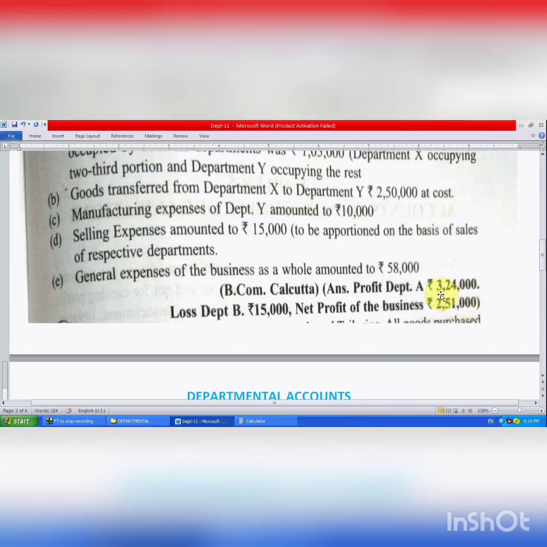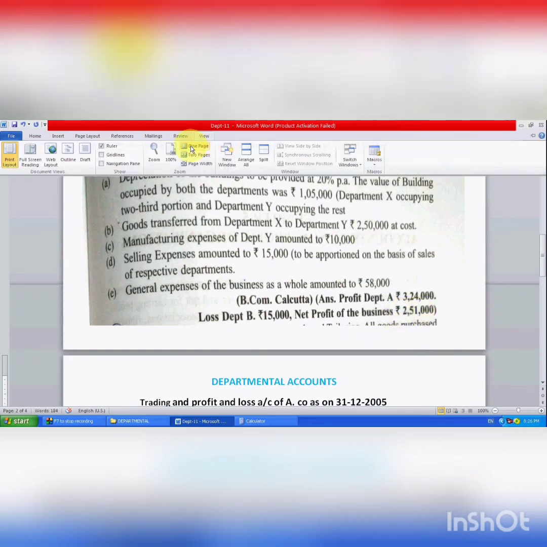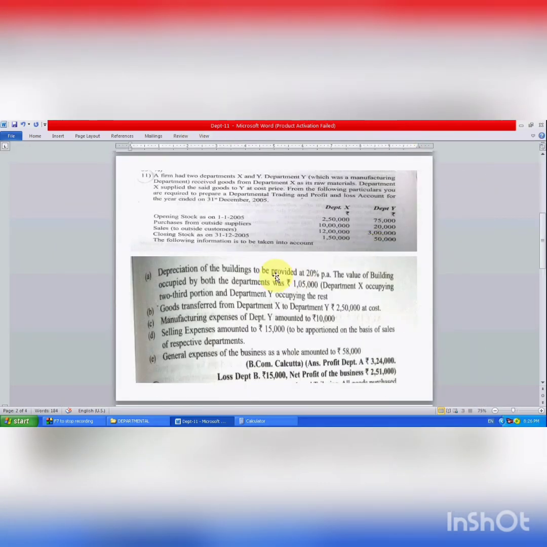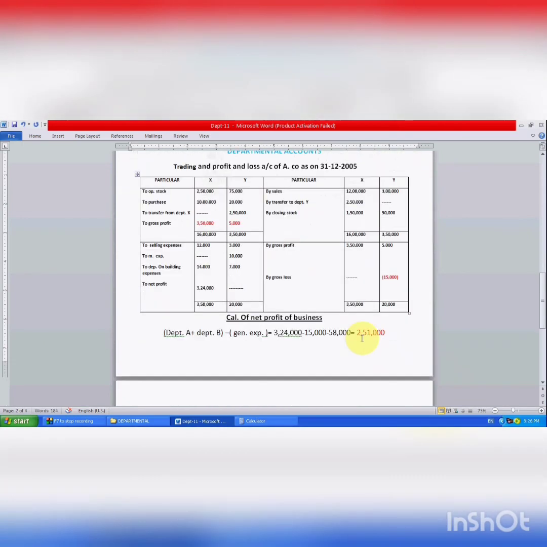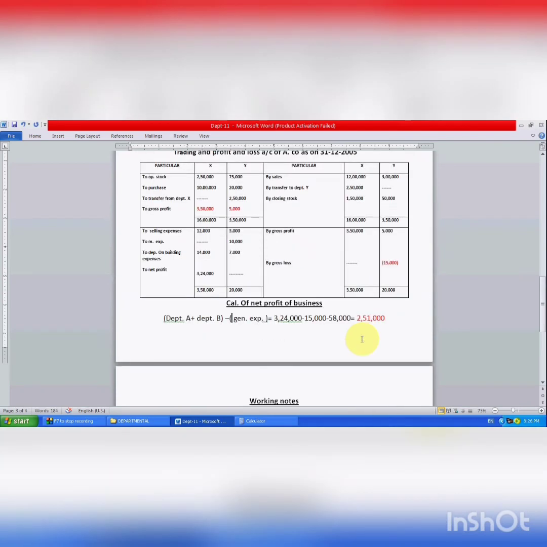See, 3,24,000, 15,000 is a loss and 2,51,000 is the net profit of the business. Yeah, so this is the way to solve this question. It has little changes in this question, not much, but it has some changes which you have to remember.